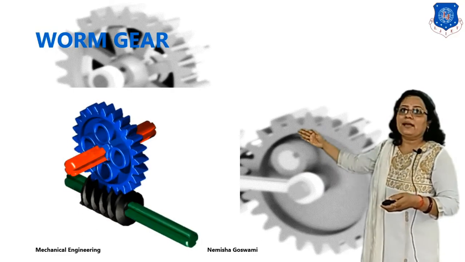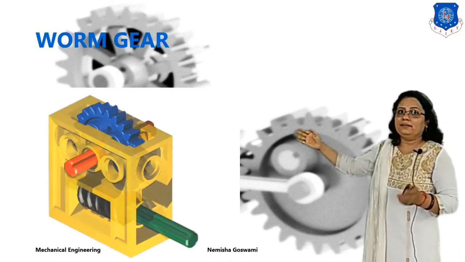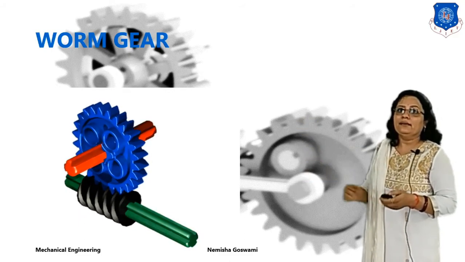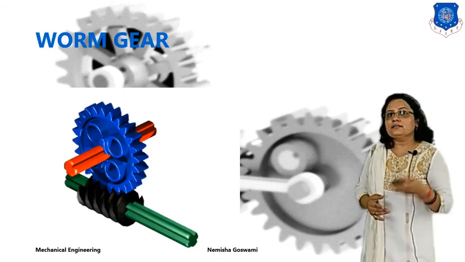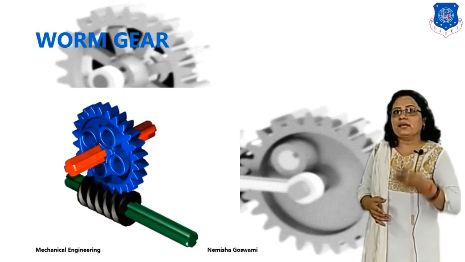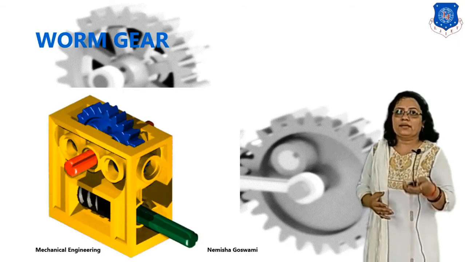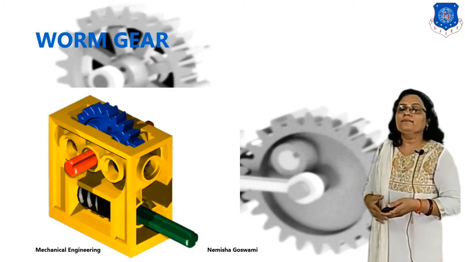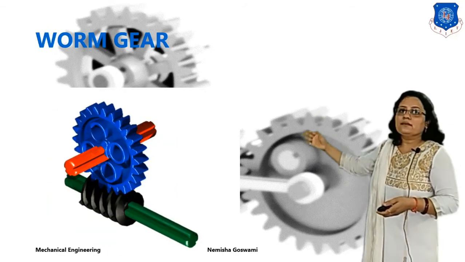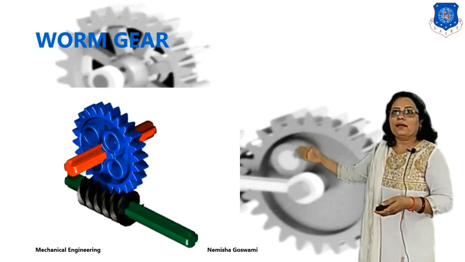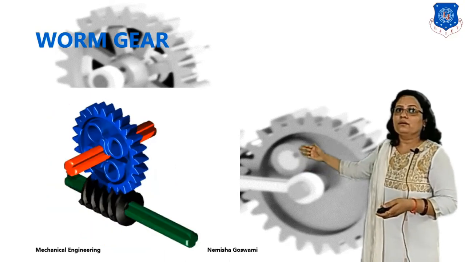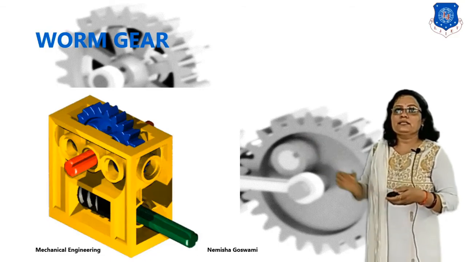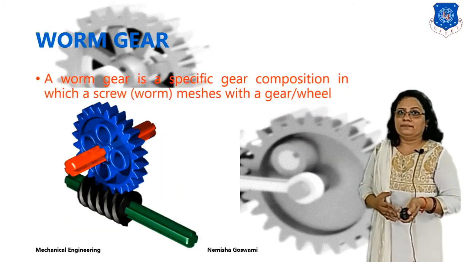But they are having about 90 degree angle. Sometimes it is asked in your MCQ exams, or this is very important. All classification of gear is very important from the point of view of your examination, right? So this gear is basically having the screw like threads in one and tooth-head gearing in another. So this is known as your worm gear.